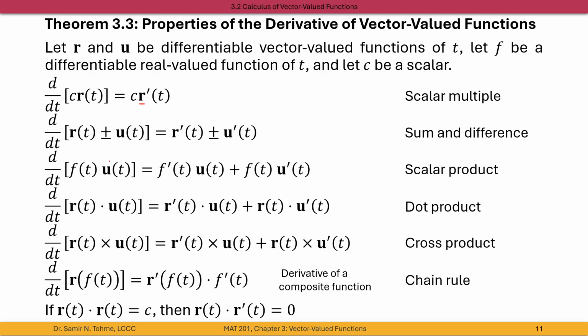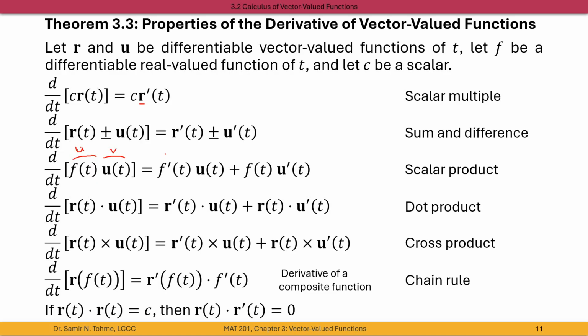If we have a real function multiplied by a vector function, their derivative is equal to the derivative of the real times the vector function plus the real times the derivative of the vector function, similar to the derivative of u times v.